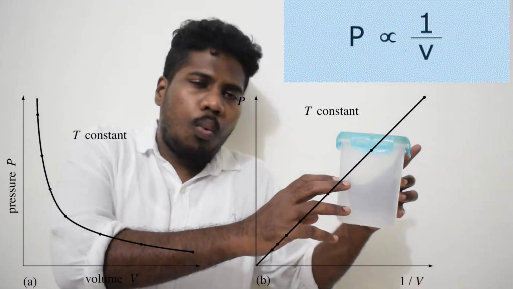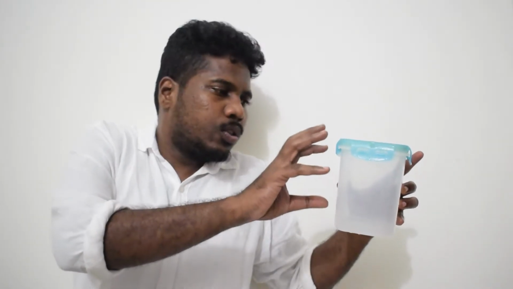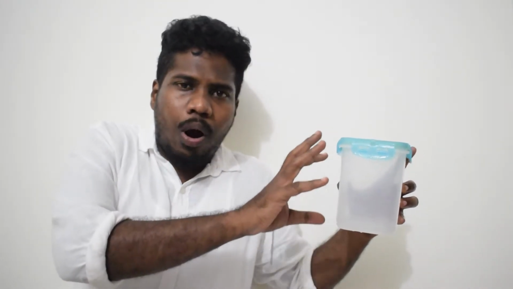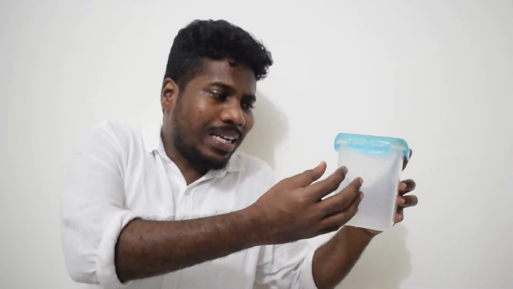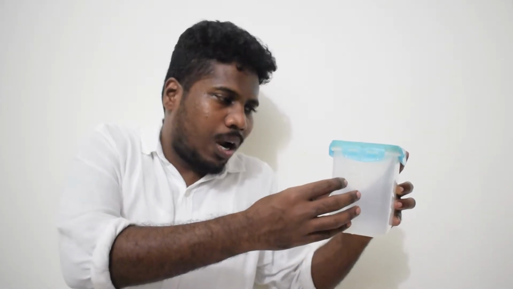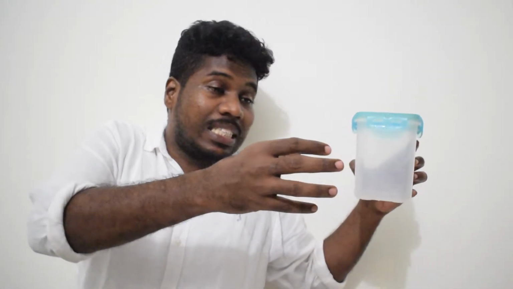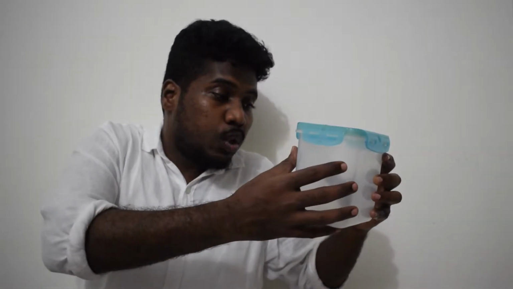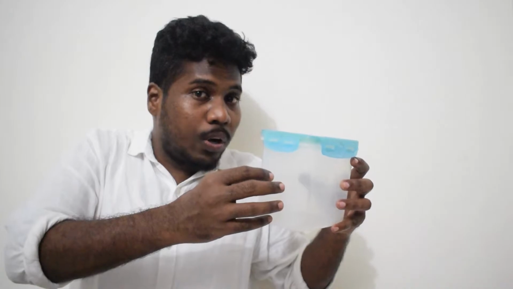Imagine this is the volume and the gas inside is going to be constant. What do I mean by constant? The quantity of gas present here is constant. But now imagine I am not going to let this air escape, but I am going to increase the size of this box magically. So when I increase the size of this box, what is going to happen?